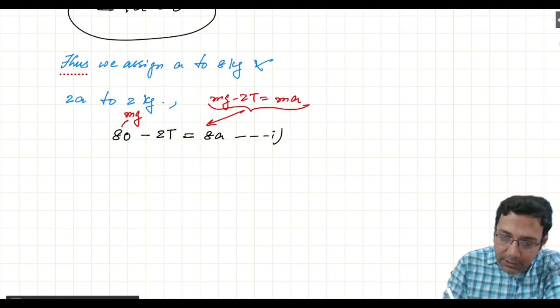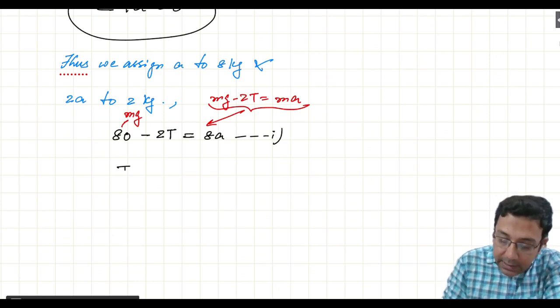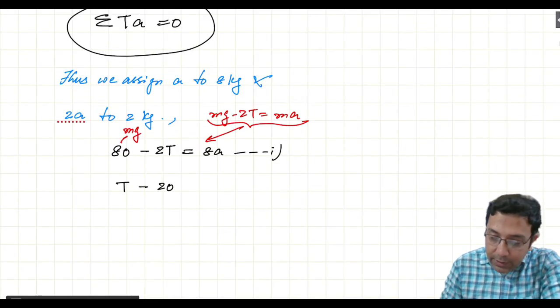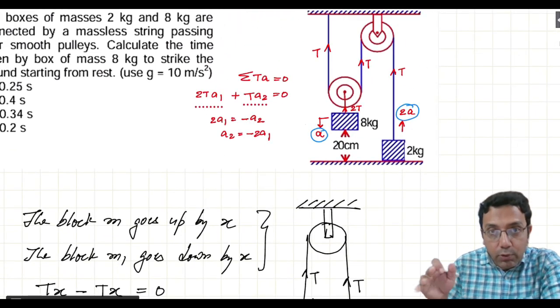And for equation number 2 on the other side, we can write down as t is now greater, t minus mg. So t minus 20, that was 2 kg, so 2 into 10.